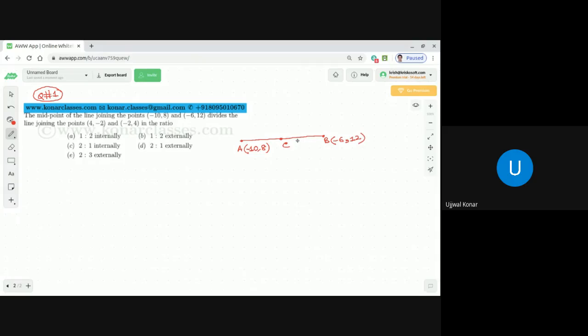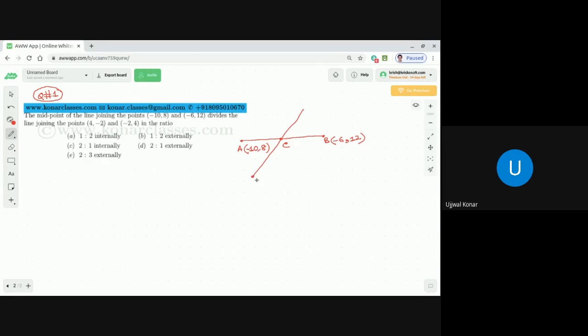Now, the question is that the midpoint of the line joining the points (-10, 8) and (-6, 12) divides the line joining the points (4, -2) and (-2, 4). So (4, -2) and (-2, 4) are somewhere, so let's take something like this.